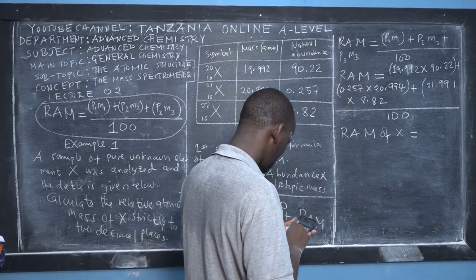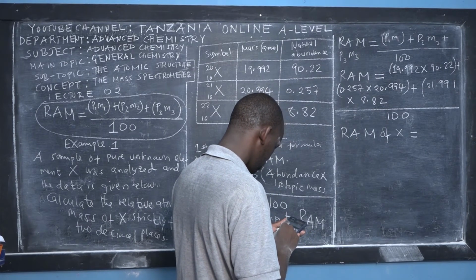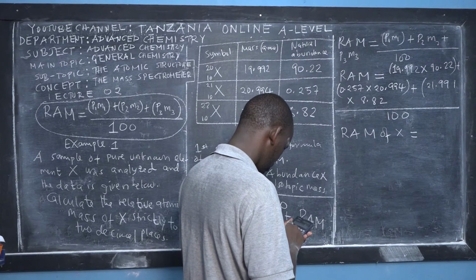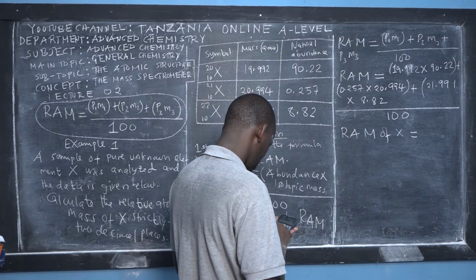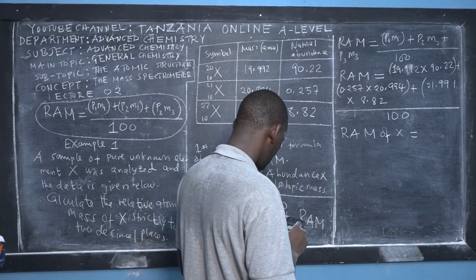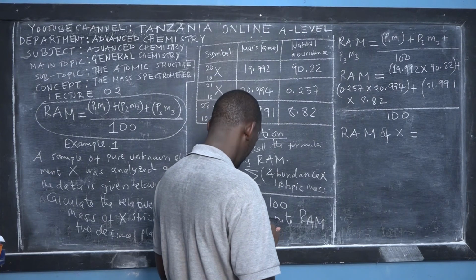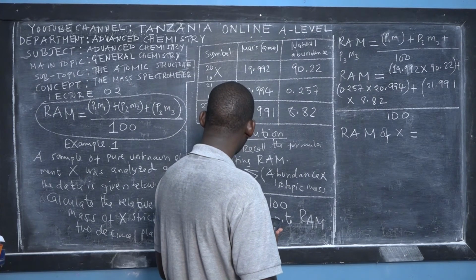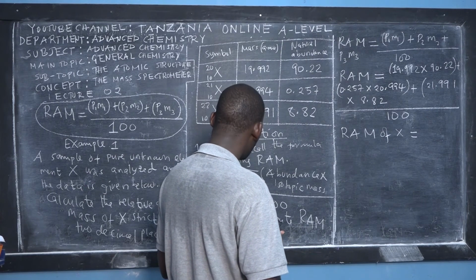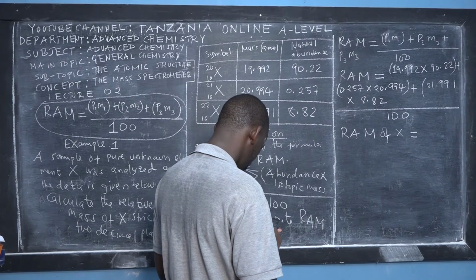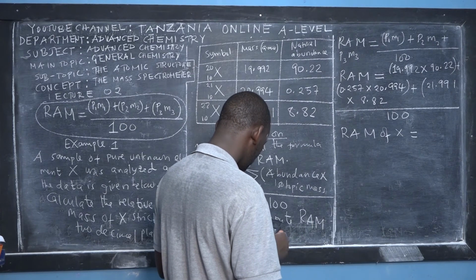Okay, so let us do it together. 19.992 times 90.22 plus 21.991 times 8.82, divided by 100.